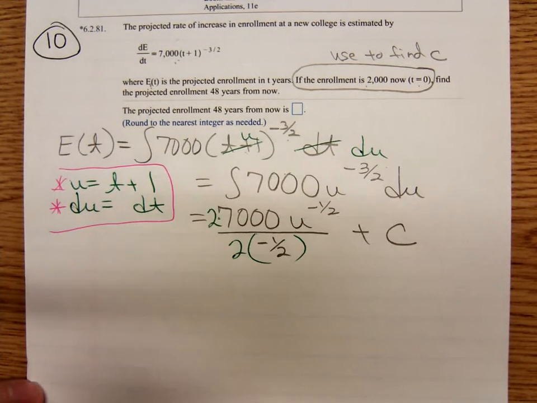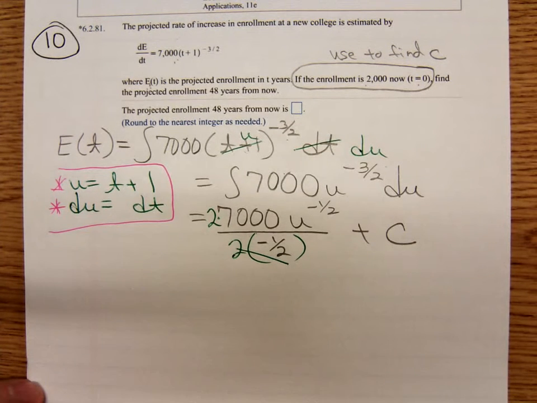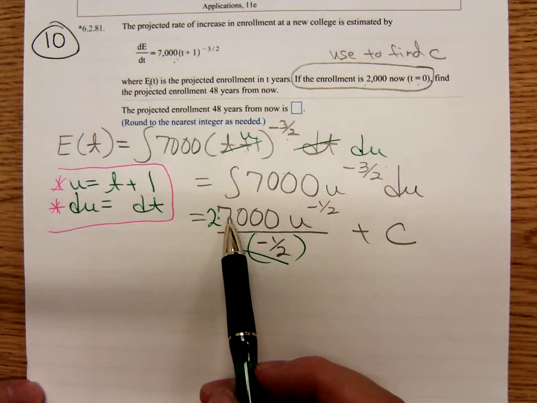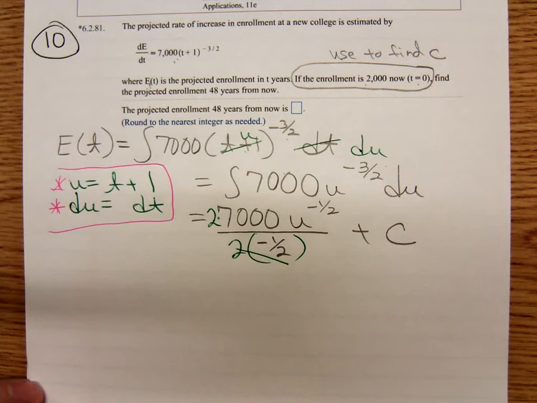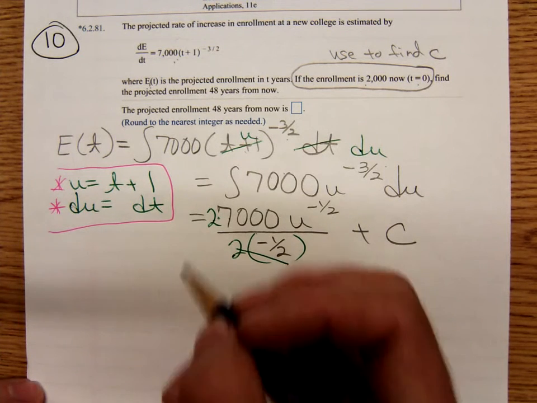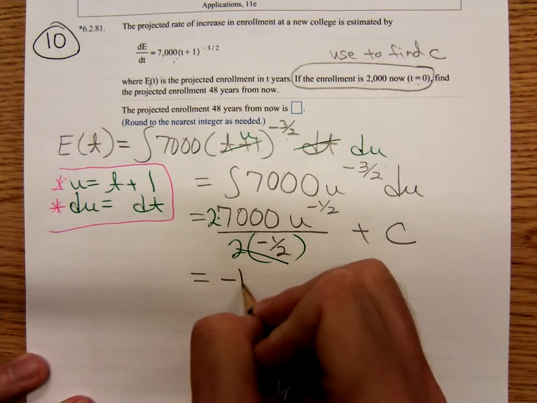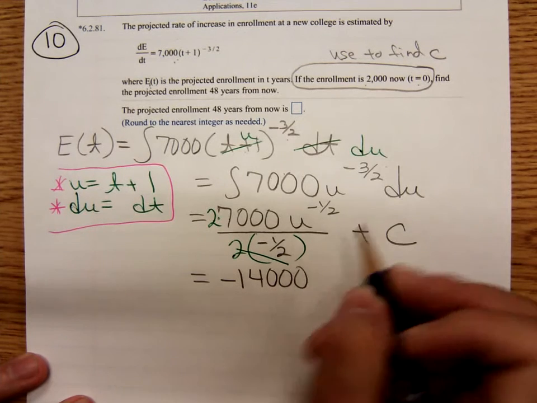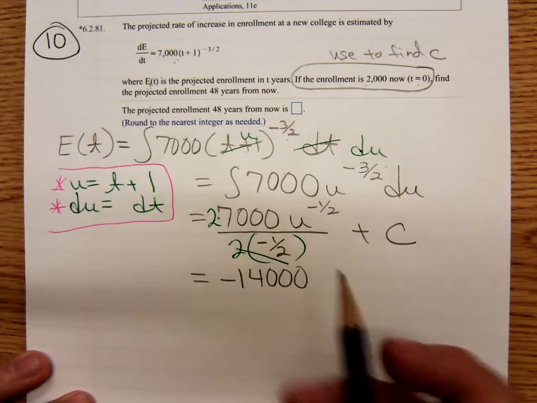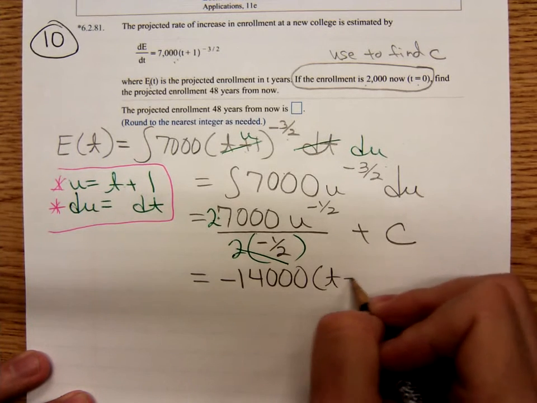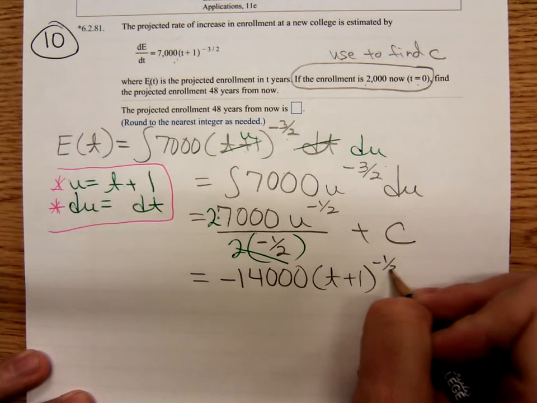Oh, this is working out real nicely. 2 times 7,000 is 14,000. What have we got left in the denominator? Negative 1. 14,000 divided by negative 1, that's a negative 14,000. Let's go ahead and replace that u with t plus 1, get it back in terms of the original variable, to the negative 1/2 plus c.